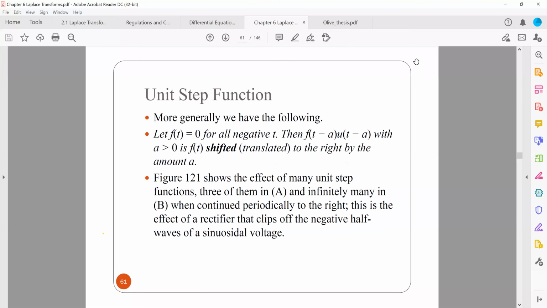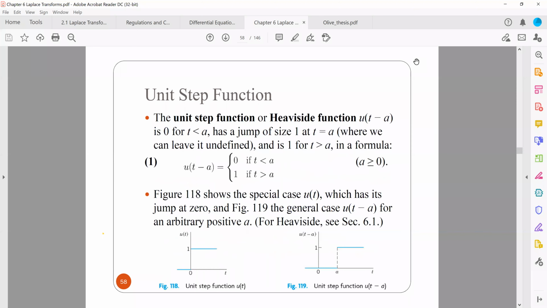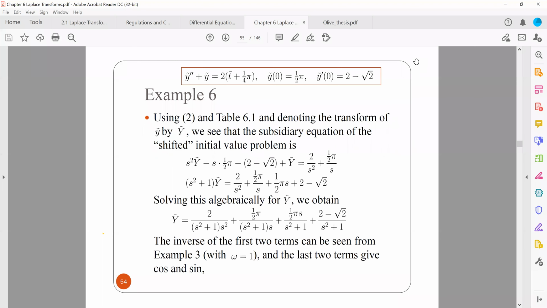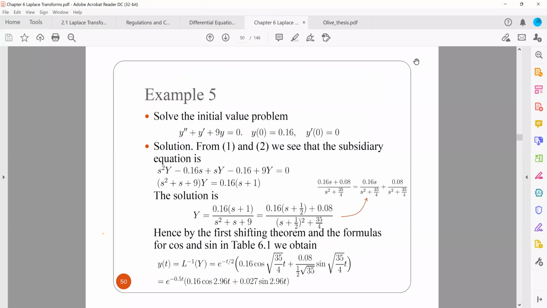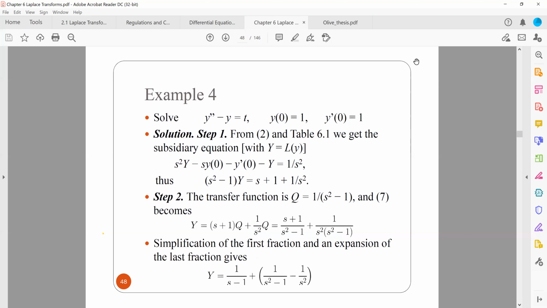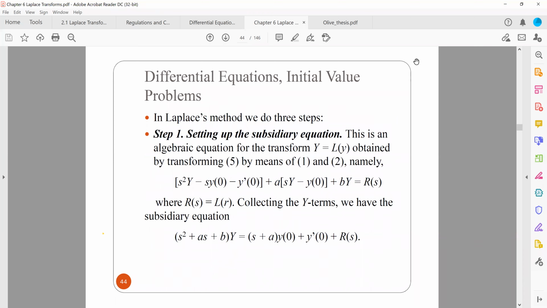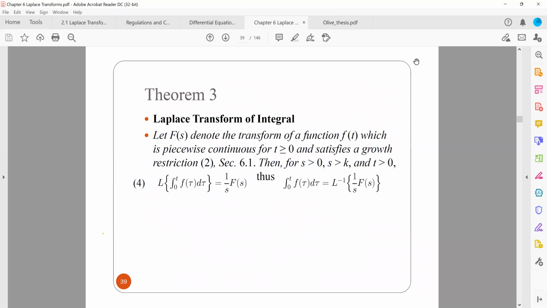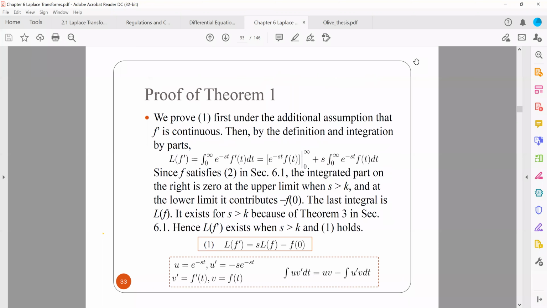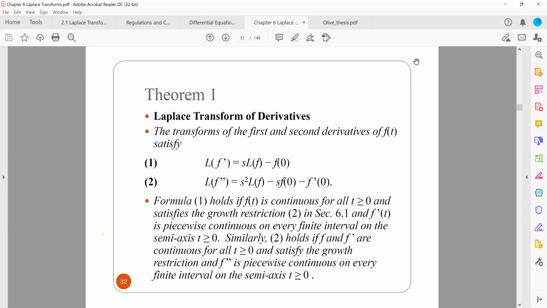Like we had theorems today and we were proving how they come about. Are those proofs examined, or we don't need to get them? You understand them. Try to understand them. But it is unlikely that I'll ask you to prove. I'll probably ask you to apply more than to prove.